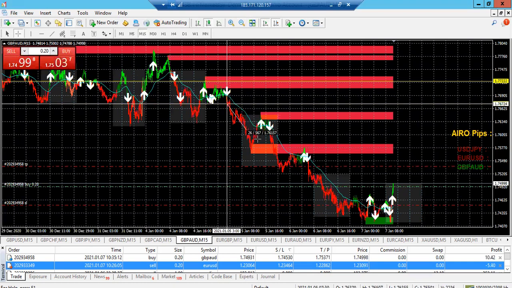I'll be locking my profit. This is what they call trend trading with this strategy. Until I come here and I see, wow, it hits this box and gets a green reversal. As soon as I see this reversal, I'll take out this trade, which is going to be 204 pips. That's what I locked on this single trade.